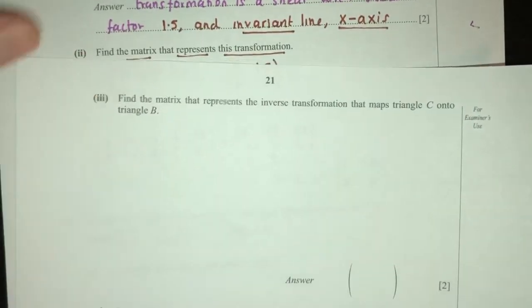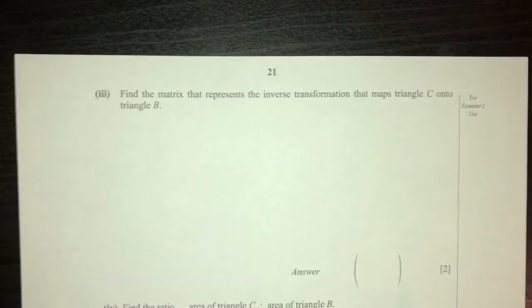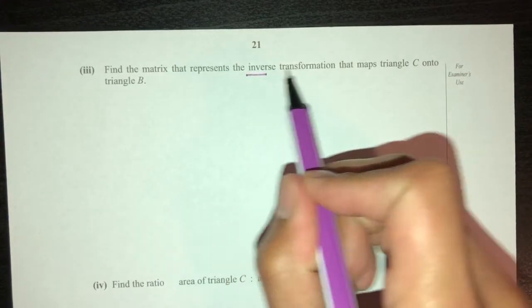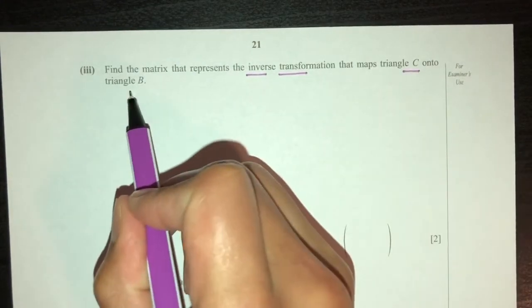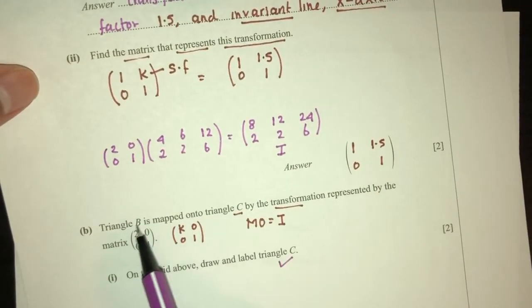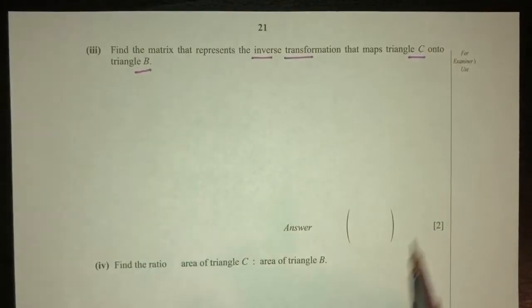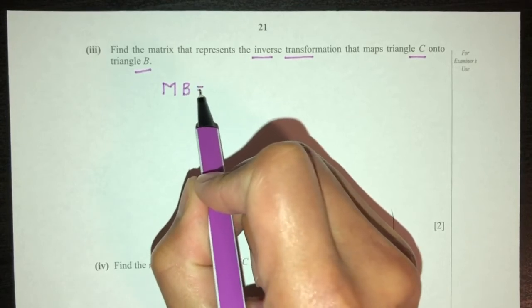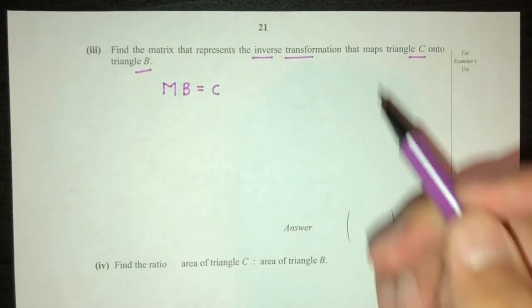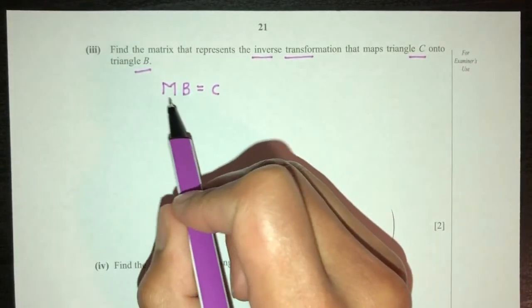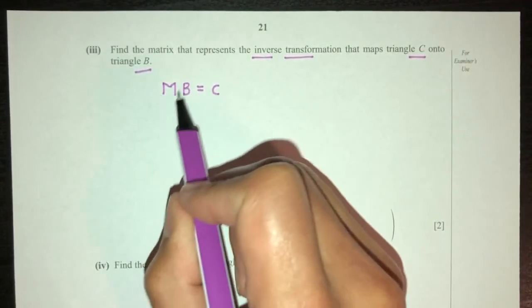Now for part 3, we have to find the matrix that represents the inverse transformation that maps C onto B. From part 2, we know that B was mapped onto C by this matrix. Let's call this matrix M. It mapped B onto C. Now we want to find the matrix that maps C onto B. How can we eliminate M?